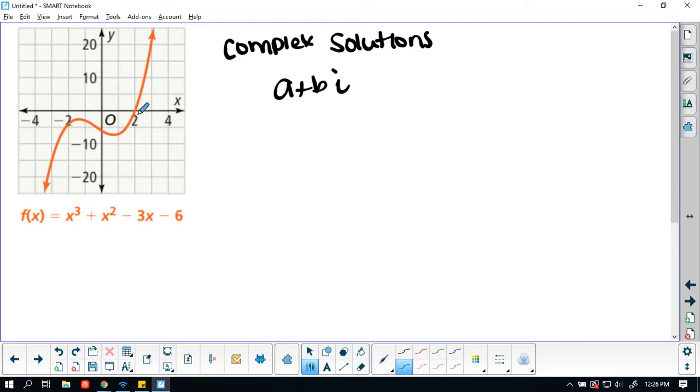So I'm going to take my real solution, because my real solution is going to become a factor of my polynomial. In this case, it's x equals 2.